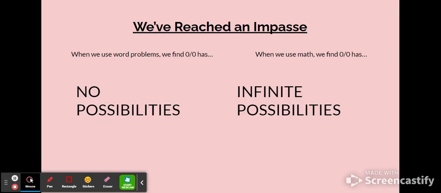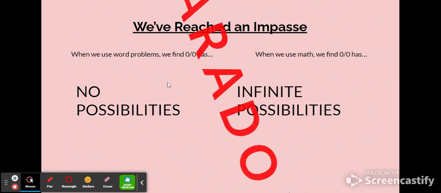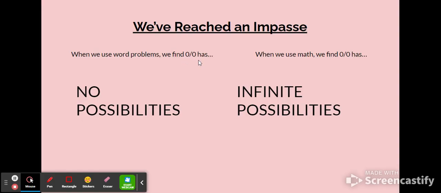And now we've reached our impasse, which turns out to be the focal point of our answer. So we find that if we use word problems, 0 divided by 0 has no possibilities. But when we use mathematical equations, we find that 0 divided by 0 has an infinite number of possibilities.